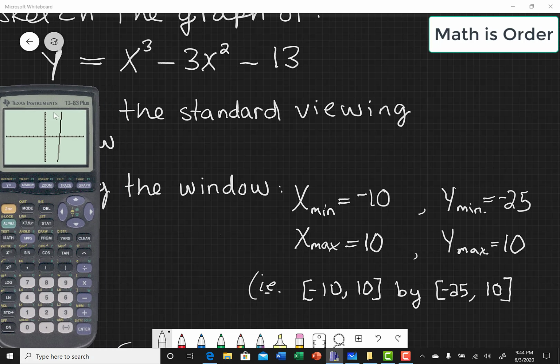Now, this graph here looks like a line. It appears to be a line, but this equation is a cubic equation. Now, a cubic equation does not have the shape of a line when you graph it.